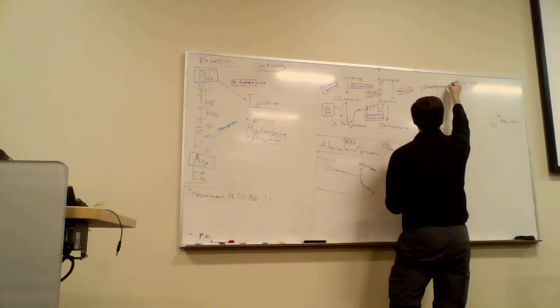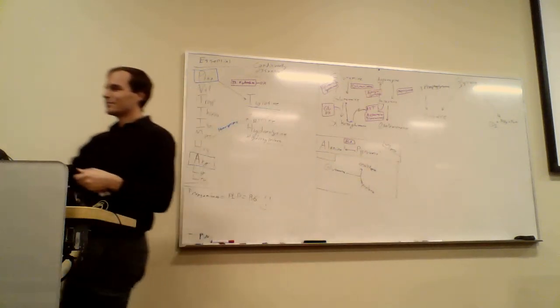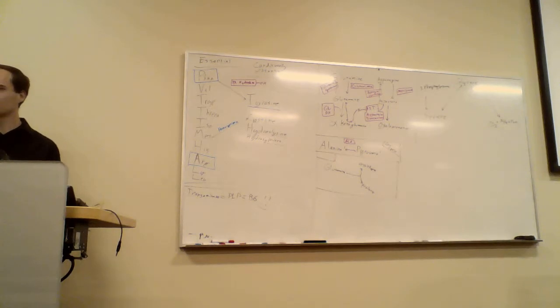There are some steps, but the main thing is knowing that it starts from 3-phosphoglycerate, and without that enzyme we can't make serine, basically. That leads to 3-phosphoserine down here.